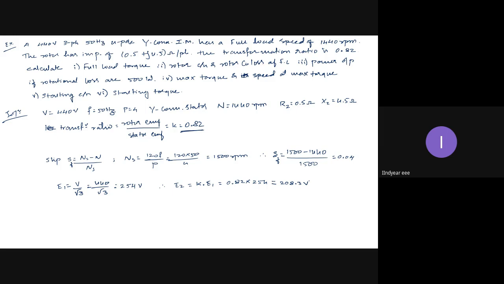0.3 volts. Okay. Therefore, the first point to be calculated is full load torque. Full load torque TF is equal to K1 S E2 square R2 divided by R2 square plus S X2 its square.